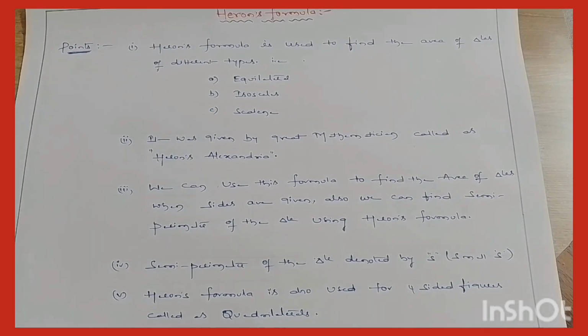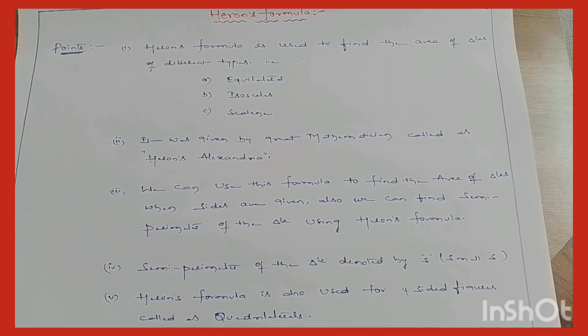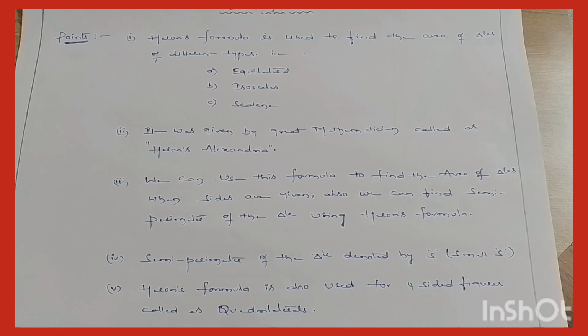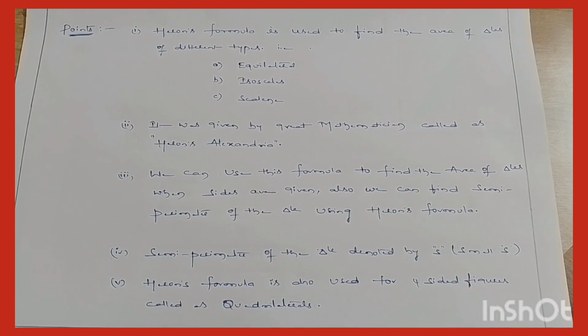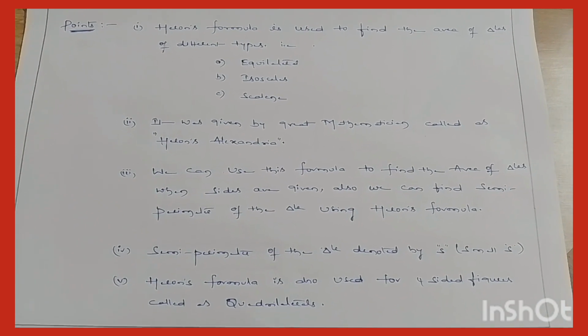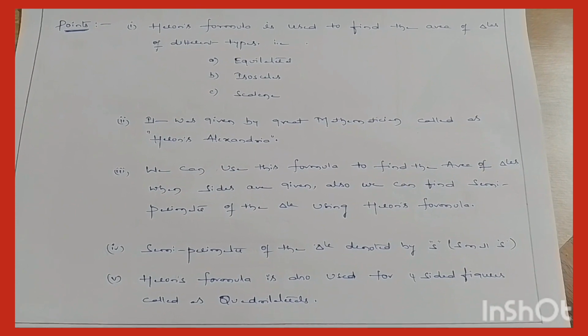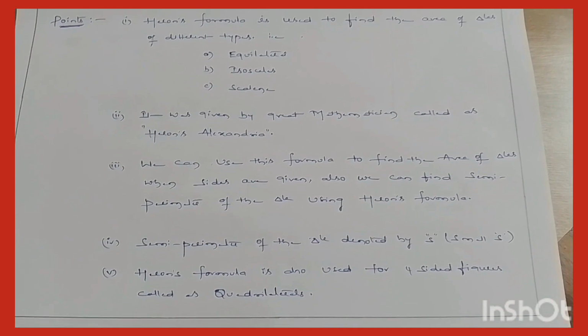This Heron's formula was given by the mathematician Heron of Alexandria. It was derived with the help of cosines, that is trigonometric ratios. How we got this formula we'll discuss in the further classes.